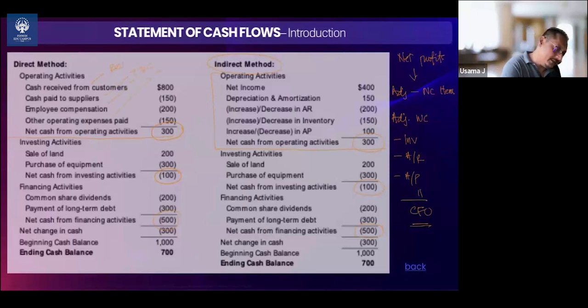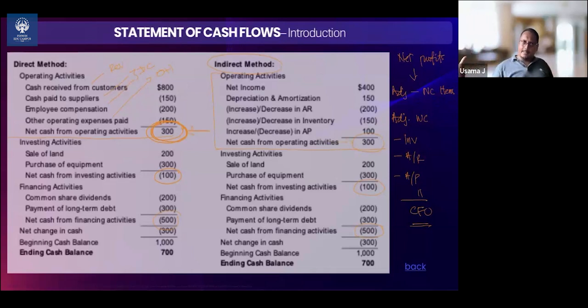This is my overheads. Paid in cash. Right? And therefore, this is going to be my operating cash. The only difference when preparing the cash flow on the basis of direct versus indirect method is that only the operating cash flow presentation is different. Bottom line remains the same. Both are, if you notice, 300, 300.